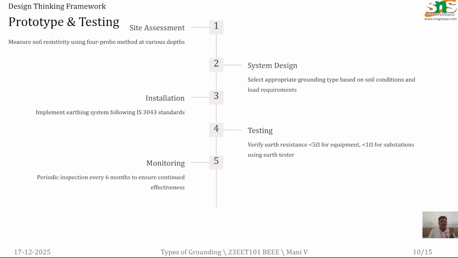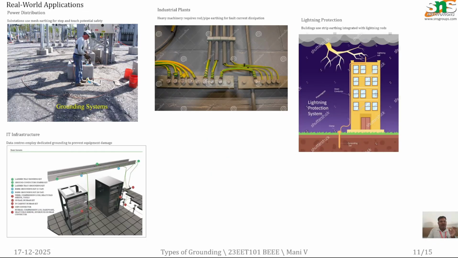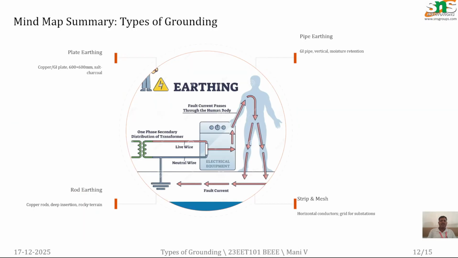Every 6 months we do an assessment and ensure wet conditions surrounding the earthing area. The applications include power distribution, industrial plants, lightning protection systems, and IT infrastructure, etc.